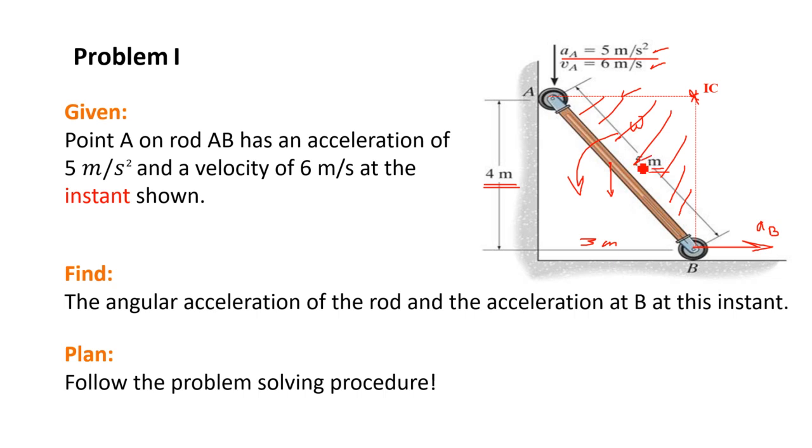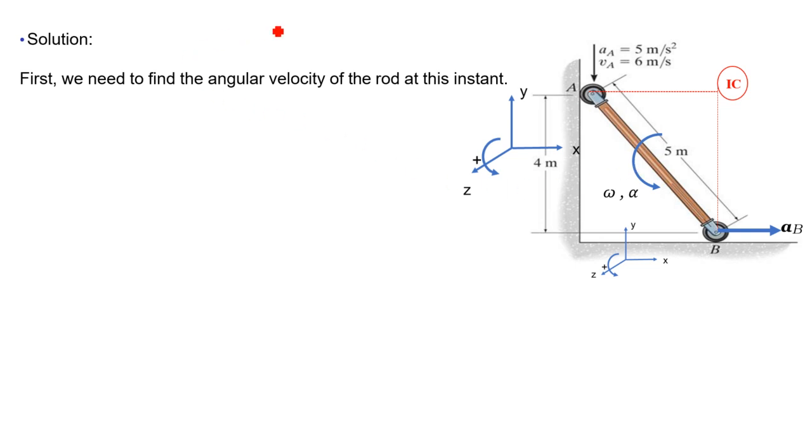First, we need to find the angular velocity of the rod at this instant. So definitely the omega is going to be around the z-axis, which means it's going to have a k value in the solution. We can start by first finding the IC and doing the basic calculation.